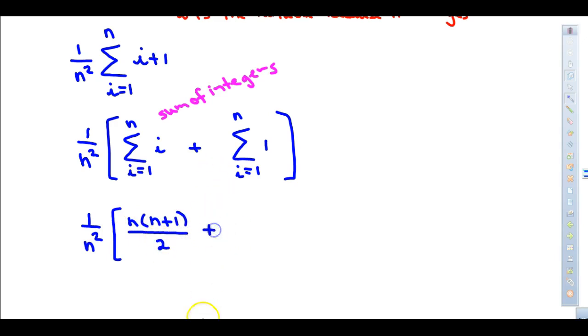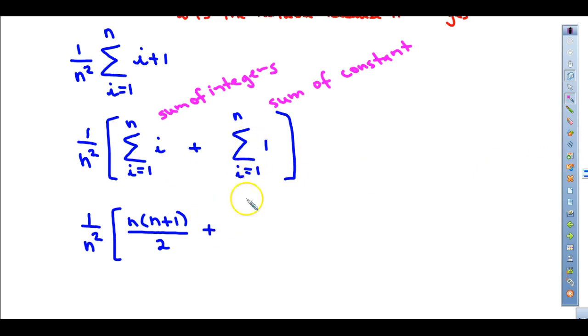And then this one right here is the sum of a constant, because 1 is just a number. That 1 does not have an i in it. So it's just a constant.